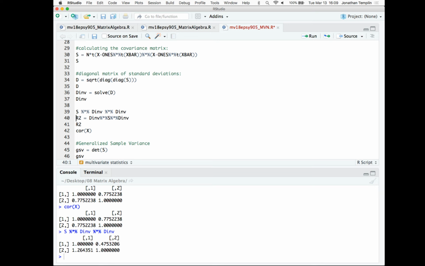And because that diagonal is 1 over the standard deviation, having it before and after ensures that they all show up dividing by the product of the standard deviations. So it's not a very good explanation. I'm kind of disappointed in myself for not being able to say that immediately, but anyway.